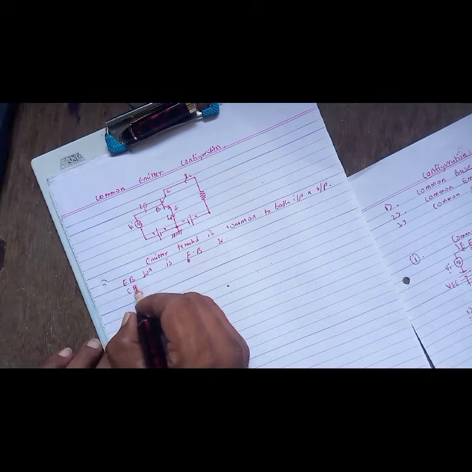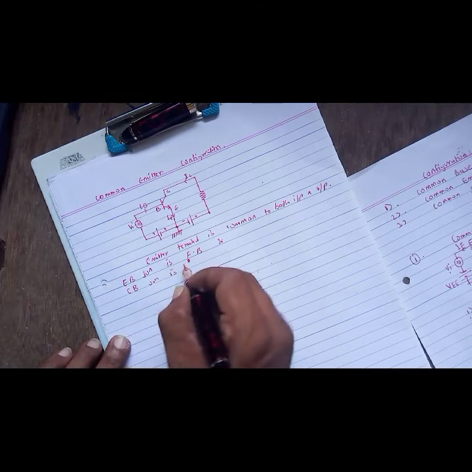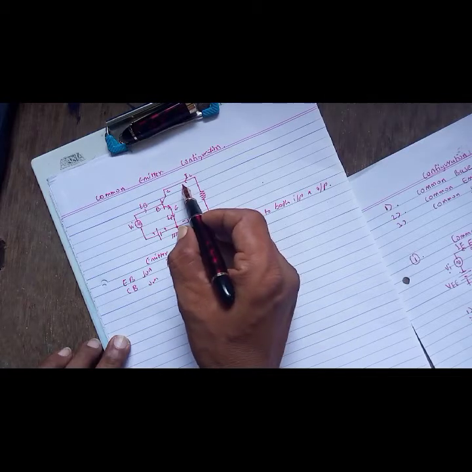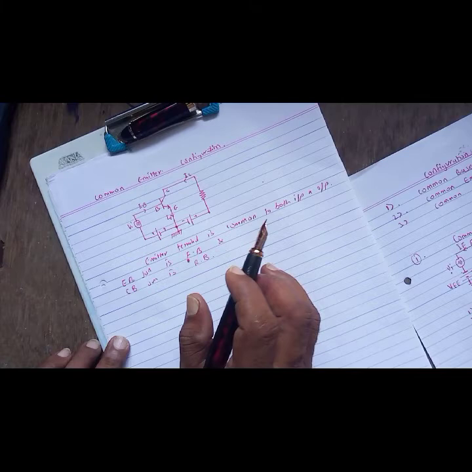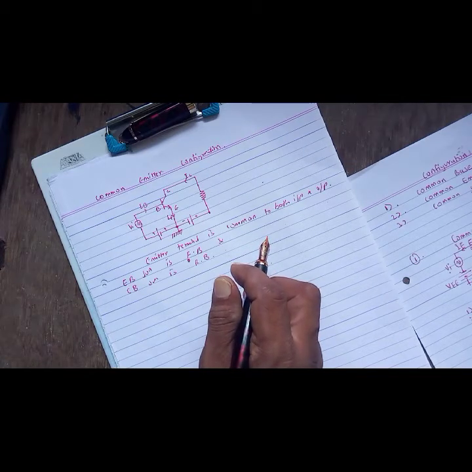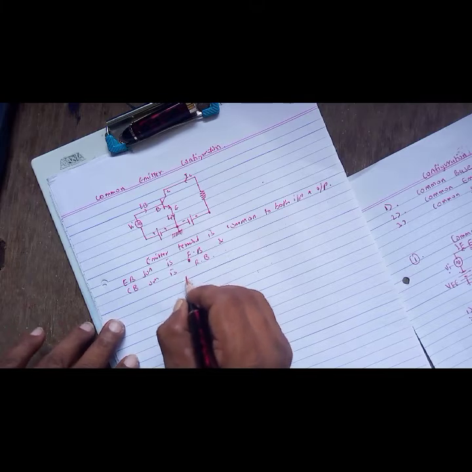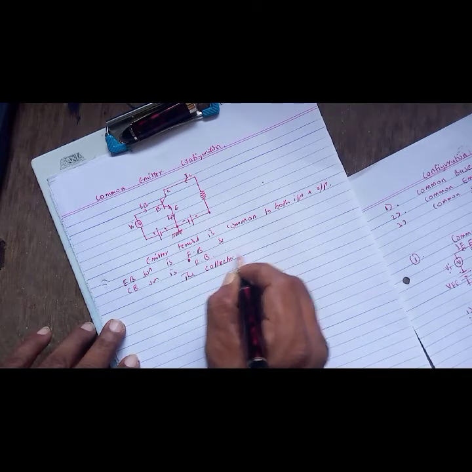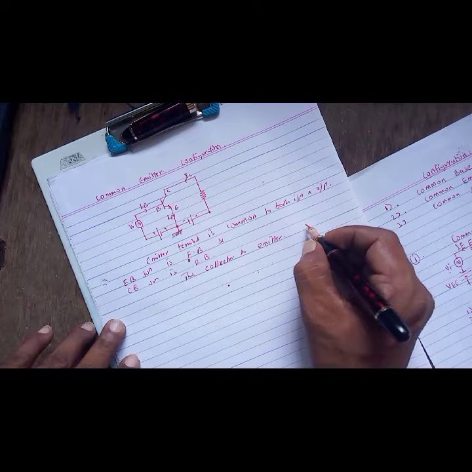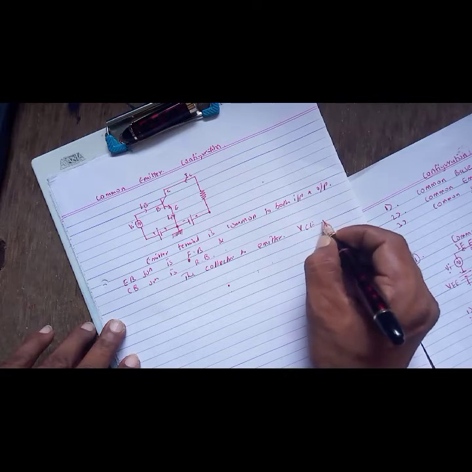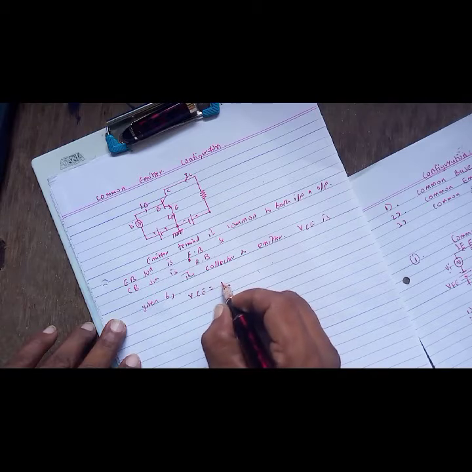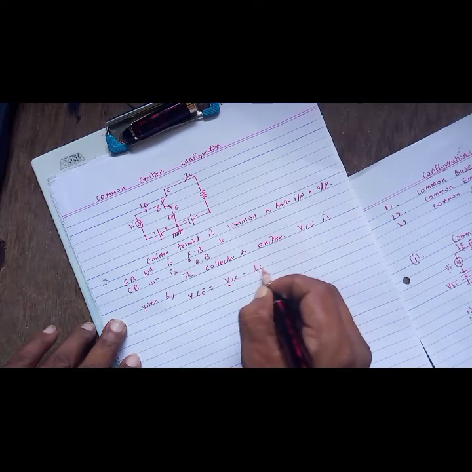The emitter base junction is forward biased, and the collector base junction is reverse biased. For the collector to emitter voltage, you will form the equation: VCE is equal to VCC minus IC into RL.